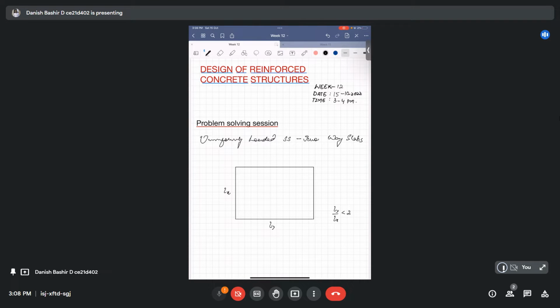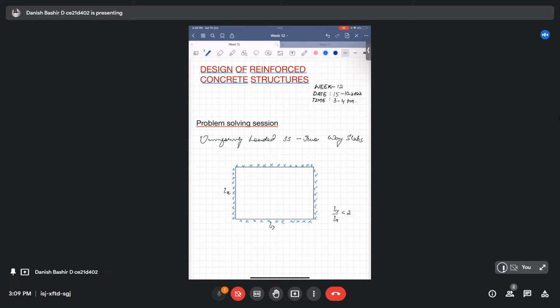This is the basic definition for a slab to have two-way action, and it is simply supported. For simply supported, we have notations like this. You have to put crosses on all the four sides. This is our simply supported slab, supported on all the four sides.